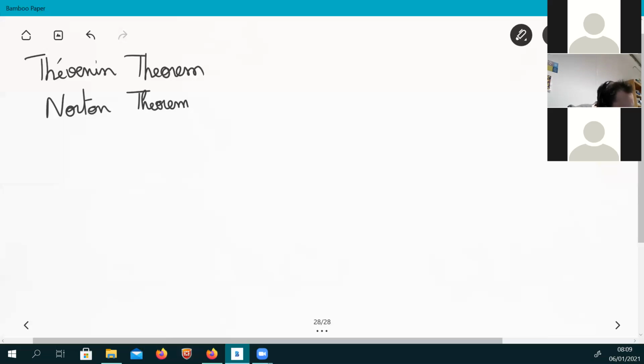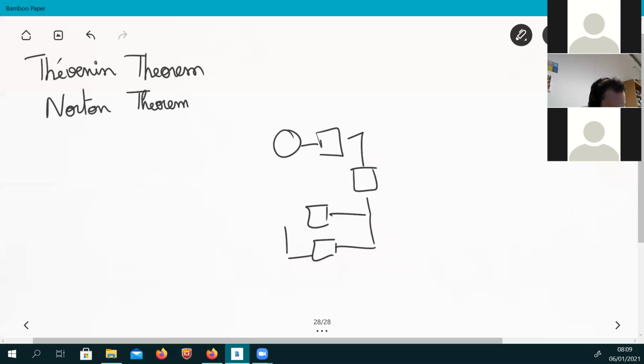So what about these two theorems? In fact, when you use these theorems, it is to simplify or to redraw parts of an electric circuit. So let's say that you have something quite complex like this. I'm making it very complex for the example.